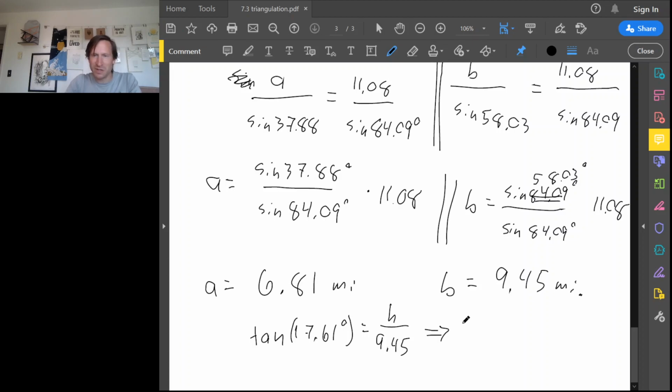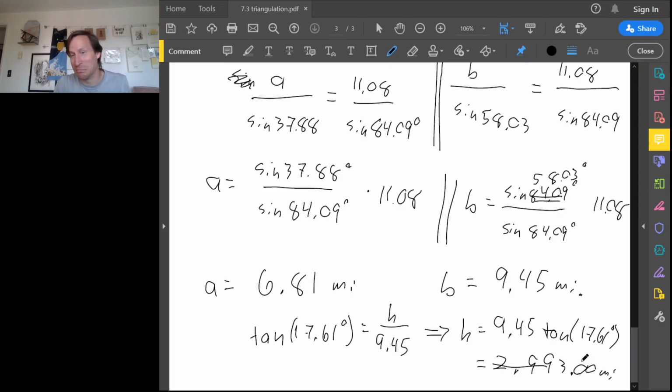And then rearrange, we get H equals 9.45 times tangent of 17.61 degrees. And then we can dump this into a calculator. So 9.45 times tangent of 17.61, and that's 2.995. So maybe I should round this up to 3 miles. Okay, so that meteor, when it started burning up, was 3 miles off the surface of the Earth.